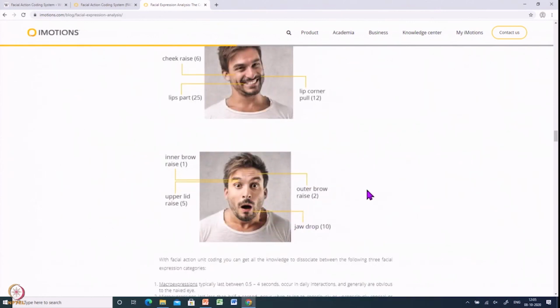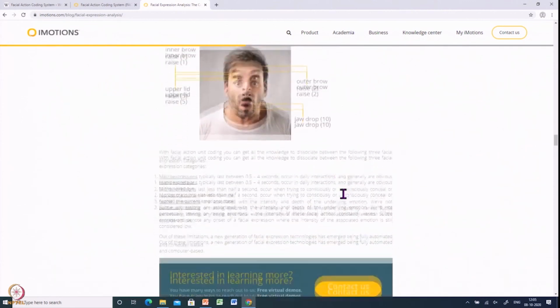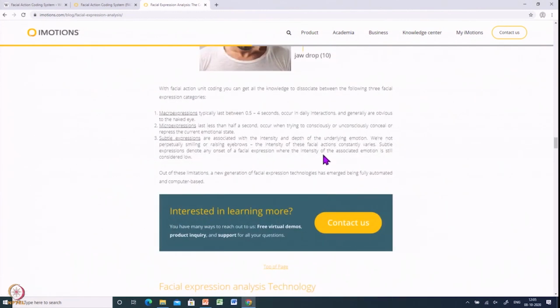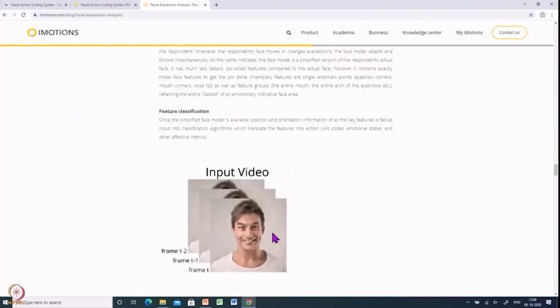So the combination of expressions indicates the person's emotions. How do we detect that automatically, by using a web camera? In a web camera we capture video, which is 25 frames per second, 25 pictures in a second.